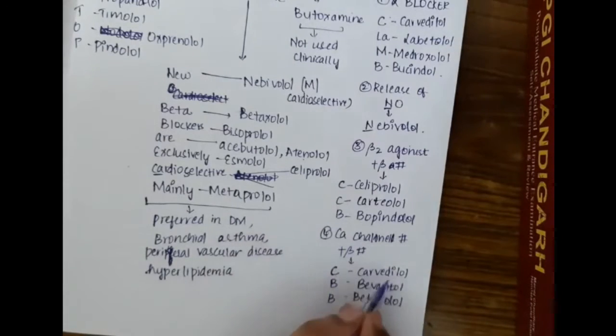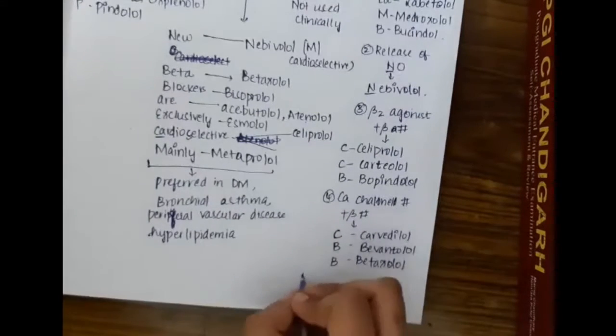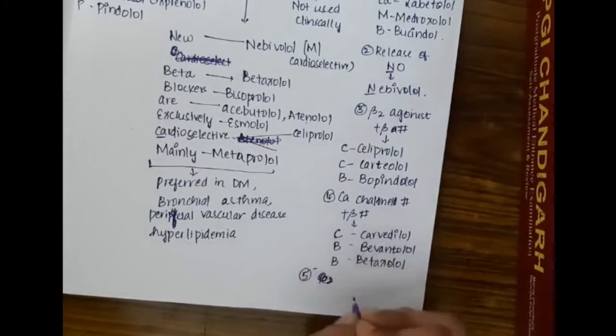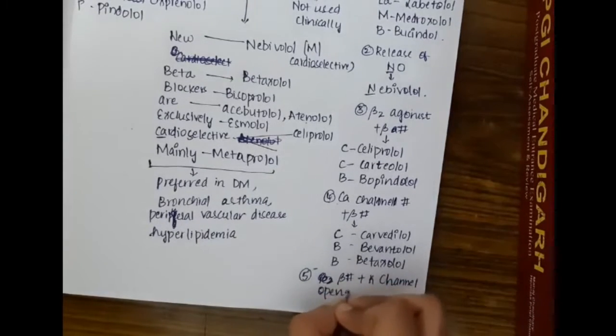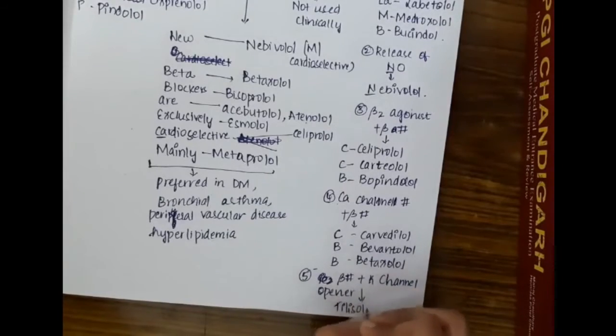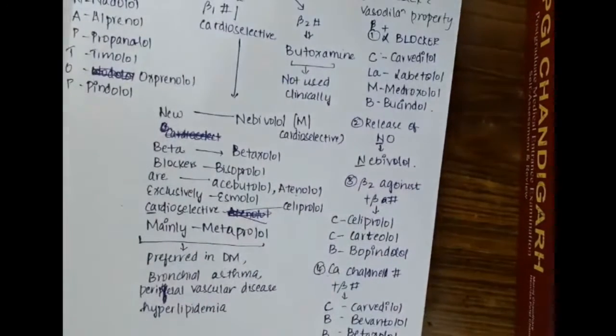This is CBB, calcium channel blocking property with beta blocker. Then the fifth one is beta blocker with potassium channel opening property, which is tilisolol. Okay. So these are the third generation beta blockers.